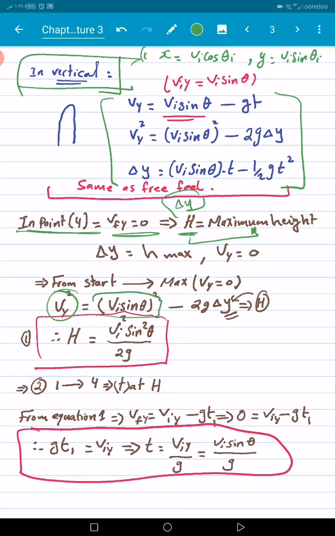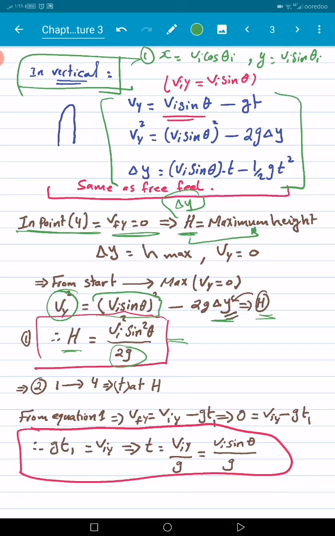This is the important equation 1. So from equation 1 we know that V initial, it is equal to Vi sine because it's in y, minus 2g delta y. I replaced delta y with h, so h is equal to V initial squared sine squared theta over 2g.